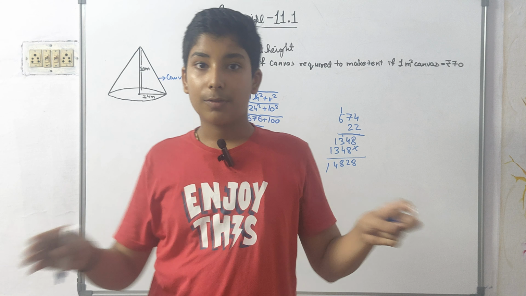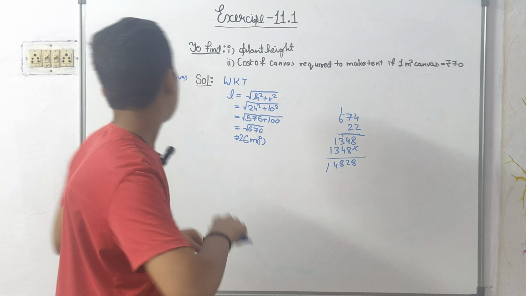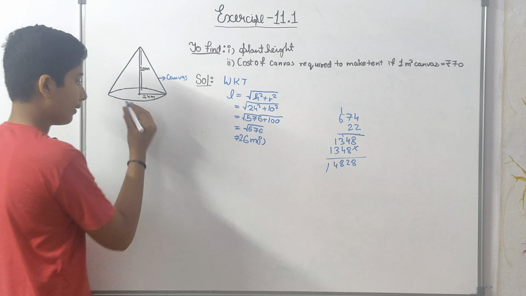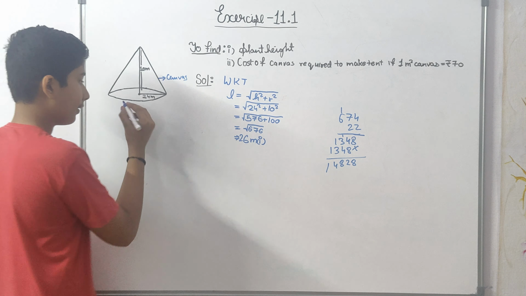It would just require the sides to be covered. Tent is always made for the sides. So cost of canvas equals pi RL, which is the curved surface area, multiplied by the rate per meter square.